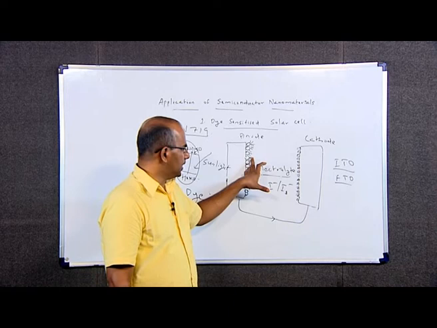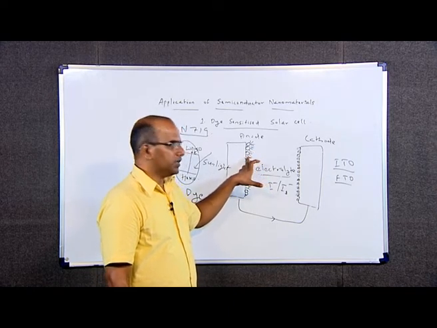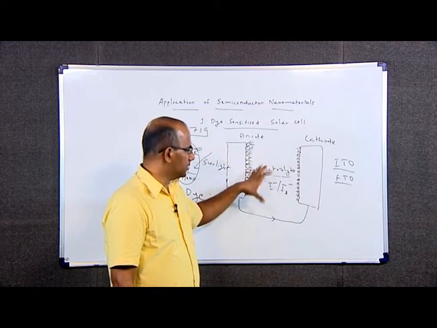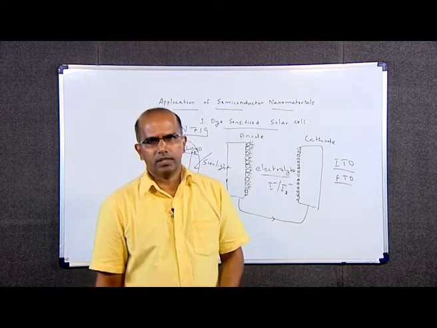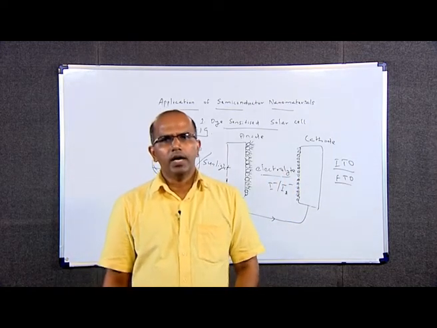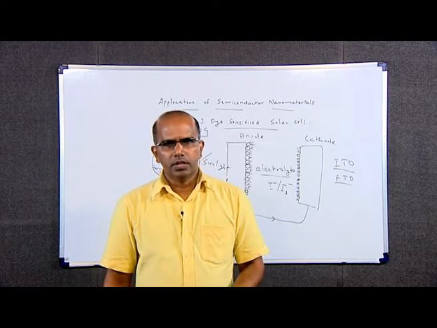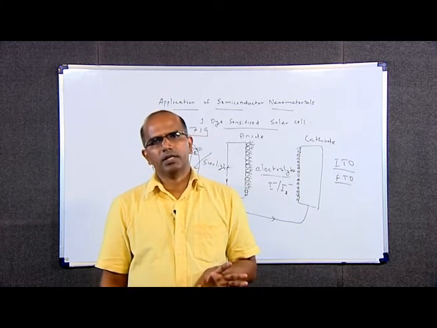So, the dye should be strongly attached to the semiconducting oxide, then it will be stable, otherwise the process cannot happen. So, the photosensitizer should have an anchoring group, for example a COOH group, which can strongly bind with the semiconducting oxide.